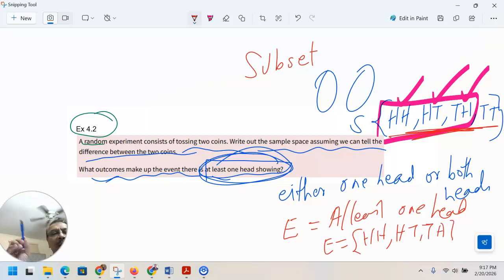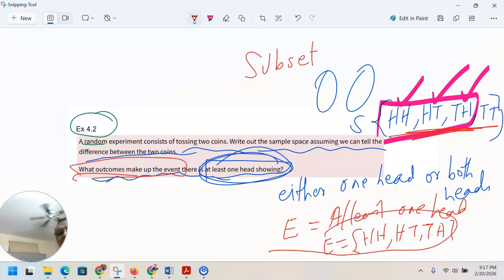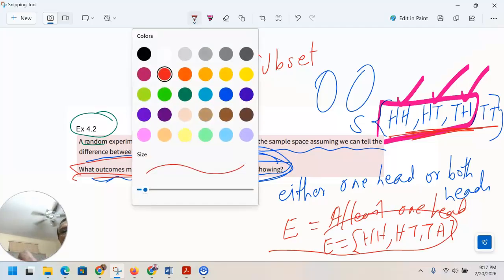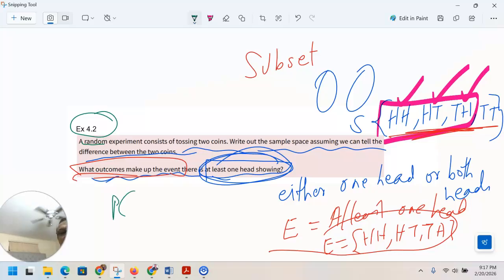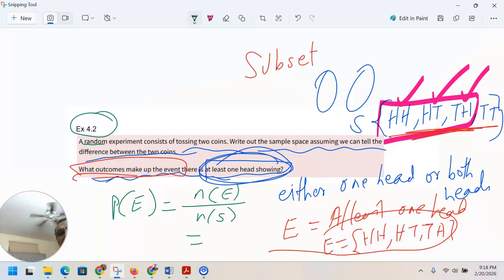So that's what the question is: what outcomes make up the event? These are the outcomes which make up the event. But if the probability was asked, what's the probability of that event occurring? It is all the outcomes in the event over all the outcomes in the sample space. That is 3 out of 4. We are done.